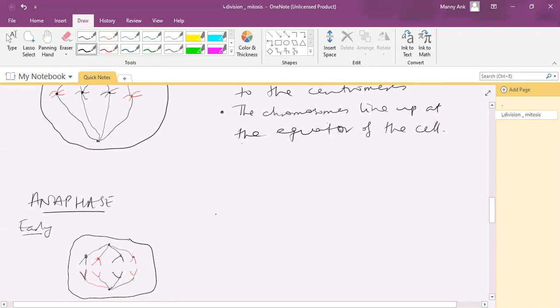Okay. So let's put these notes here and say that in early anaphase, the centromeres split.